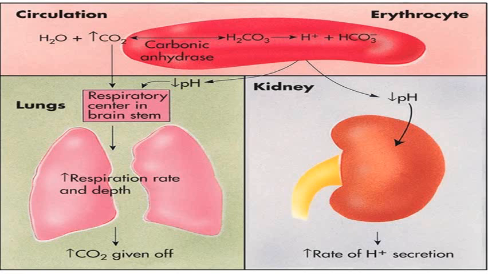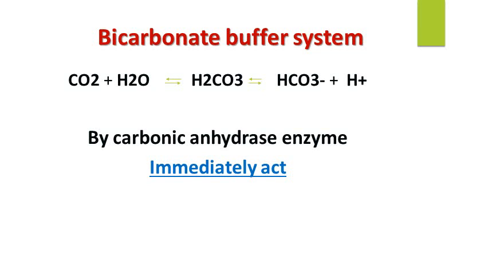Kidneys start to excrete hydrogen ions and reabsorb bicarbonate to decrease hydrogen ion concentration in the blood and relieve this acidosis. The bicarbonate buffer system acts immediately after pH changes of the blood, through the carbonic anhydrase enzyme.